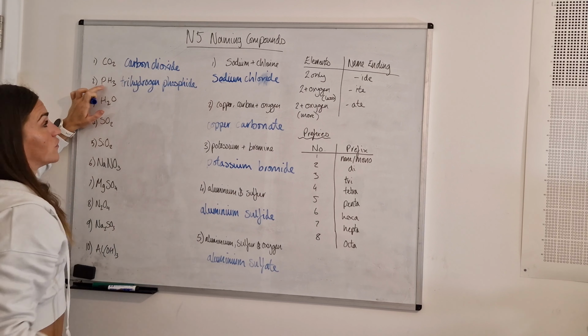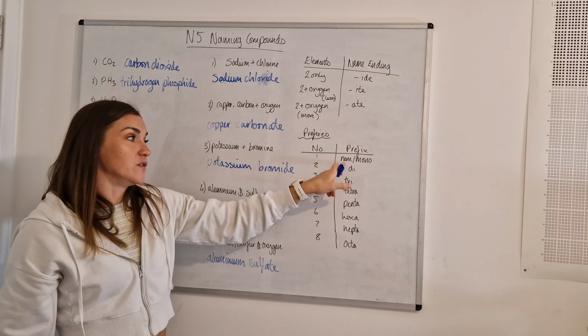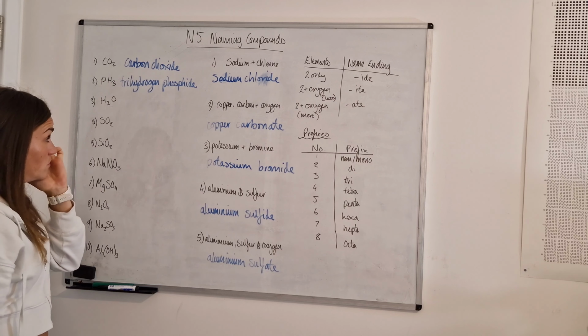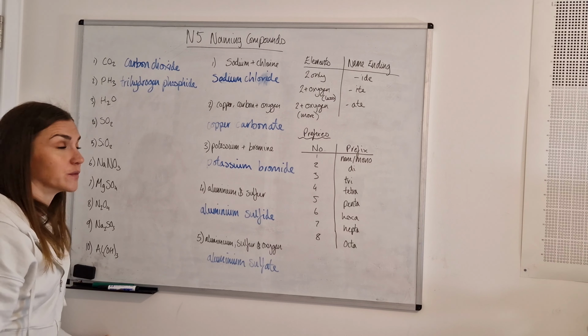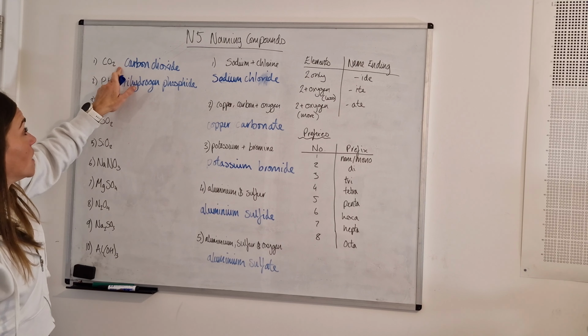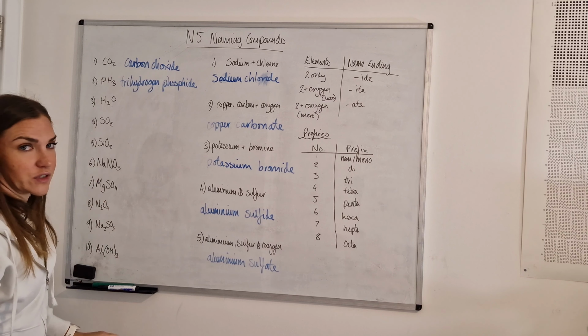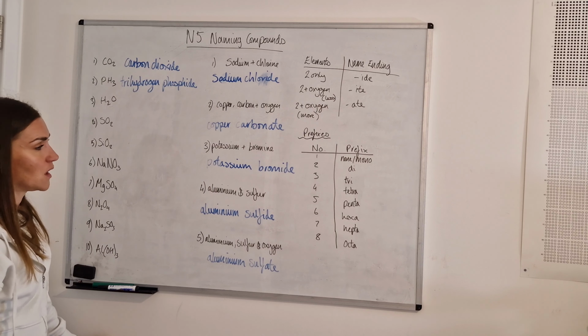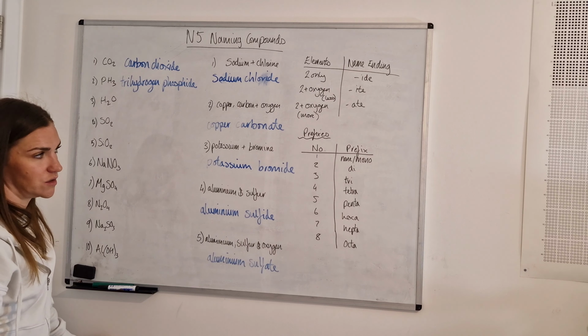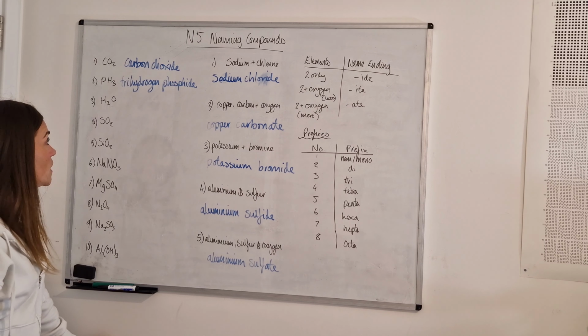There's only one phosphorus, which is why we just don't put a prefix. We could put trihydrogen monophosphide, but that's rare that we ever do that. Same with this carbon dioxide. We could call it monocarbon dioxide, but it doesn't ever really get called that. Most of the time, if there's only one of something, we just don't put a prefix.